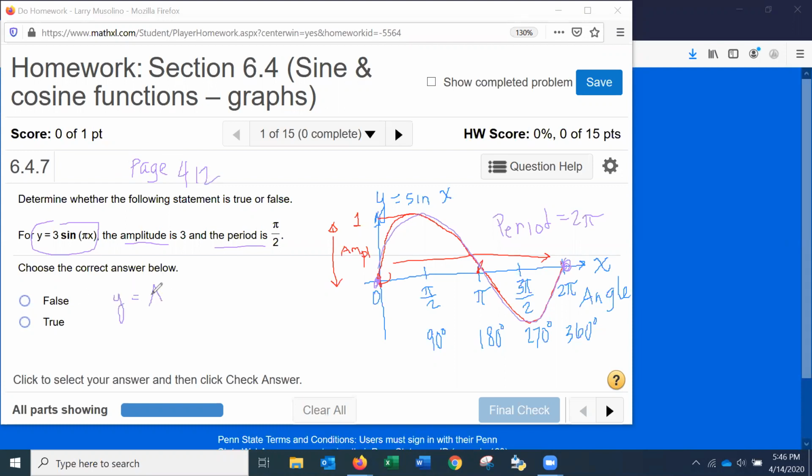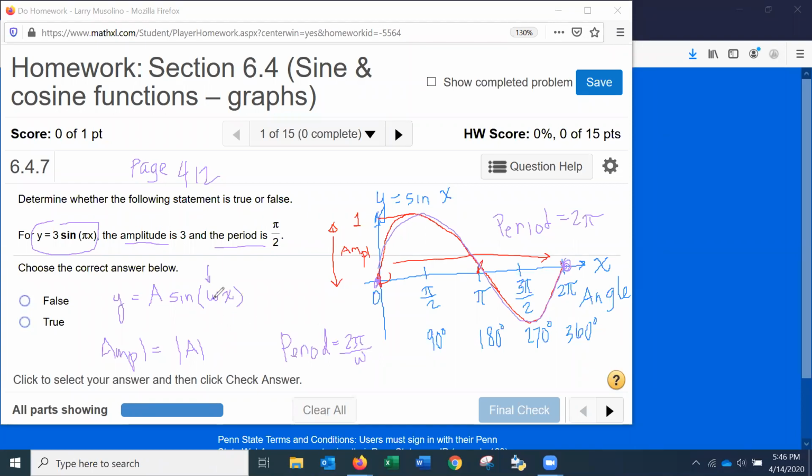It says y equals a times sine omega x. And the textbook says when you have a sine wave in this format, the amplitude is the absolute value of a, and the period is 2 pi over omega. Omega really is the coefficient of x here.